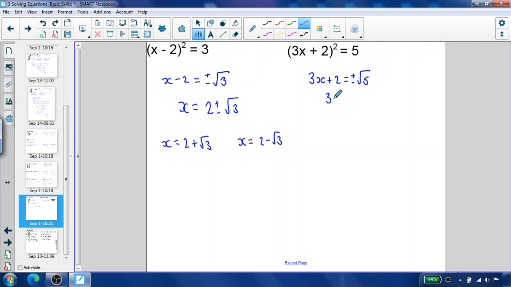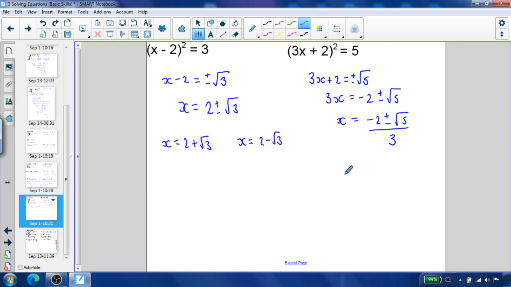So, minusing 2 from both sides, I'm going to have minus 2 plus or minus the square root of 5. This one's a little bit more complex because we haven't finished just yet. We've got a 3x, so we need to divide both sides by 3. So minus 2 plus or minus root 5 over 3.